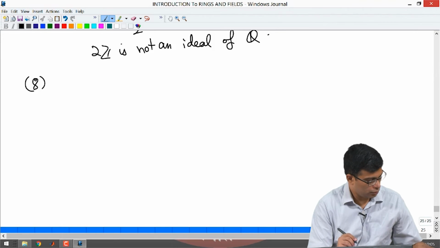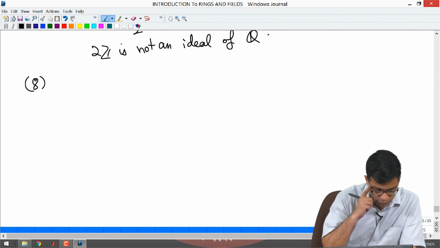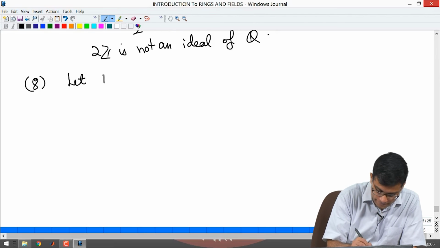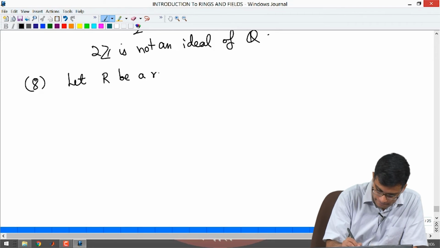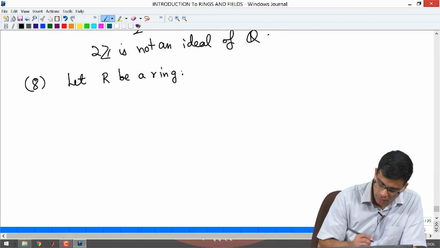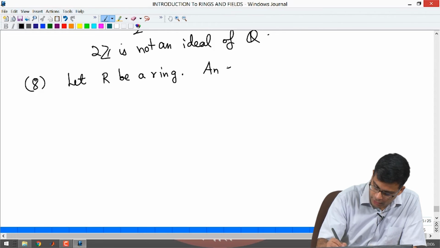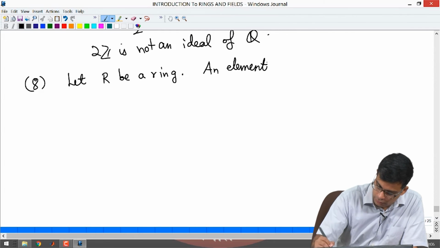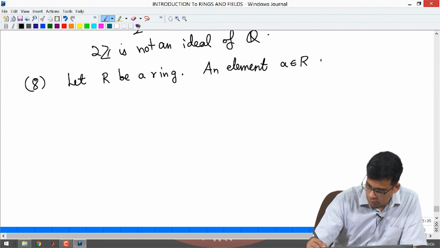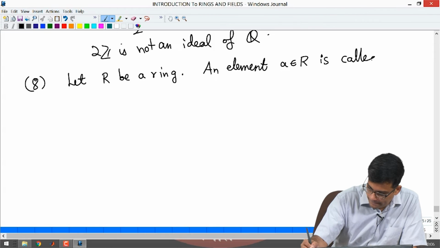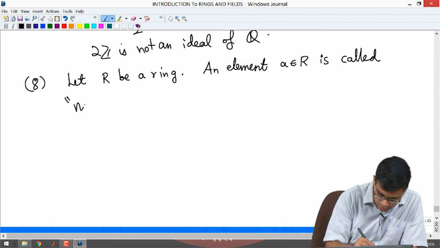I want to talk about the following. Let R be a ring. An element a of R is called, I will say, nilpotent.